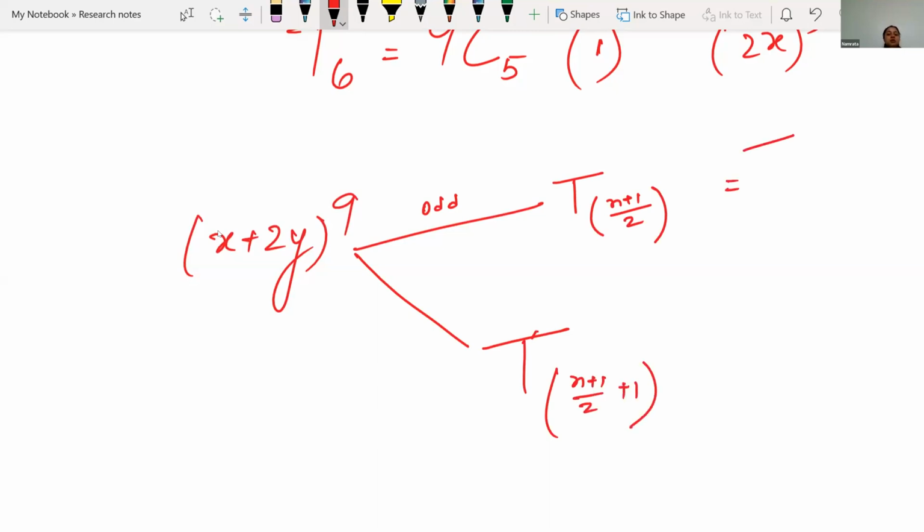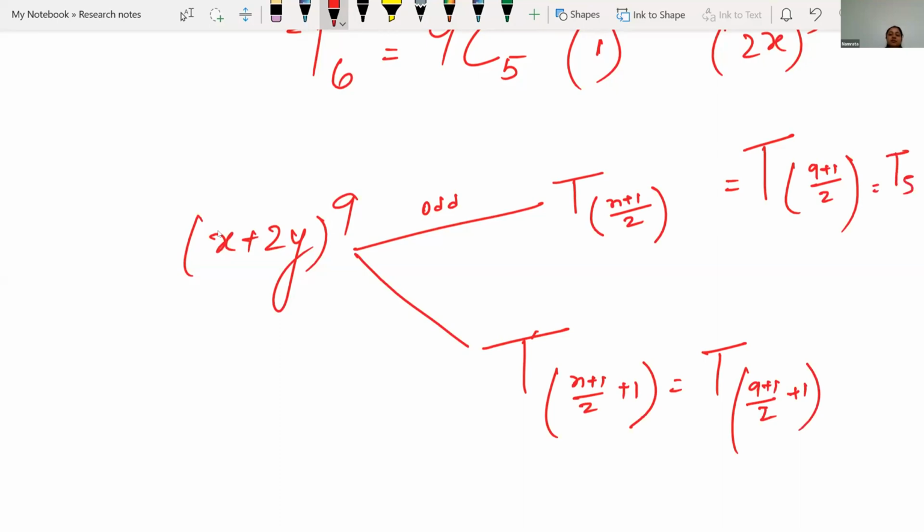So that means T of (9 plus 1) by 2, and T of (9 plus 1) by 2 plus 1. From here we get T of 10 by 2, that means T5, and here we get T6. We have to find term 5 and term 6 of this binomial expansion.